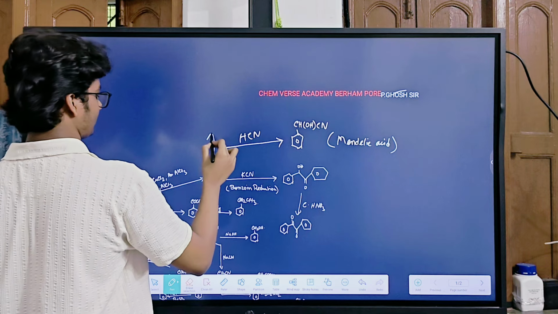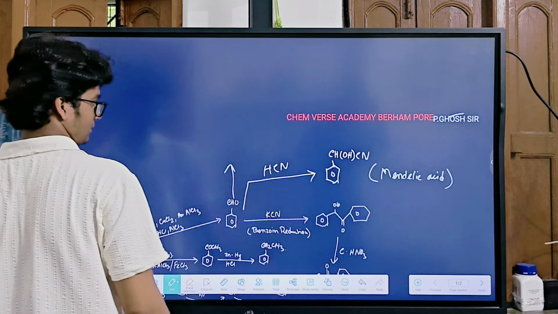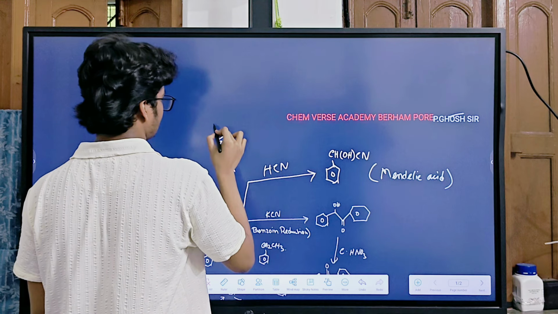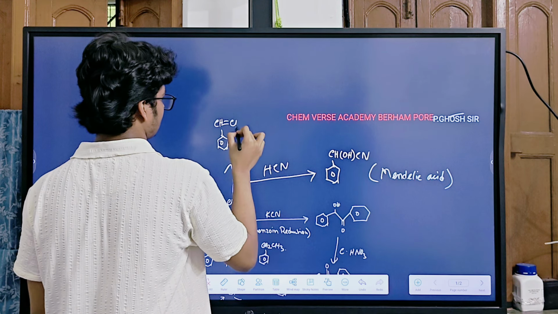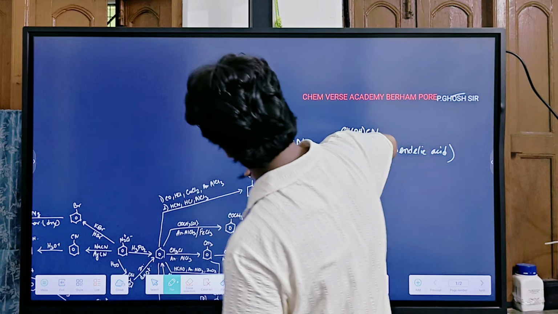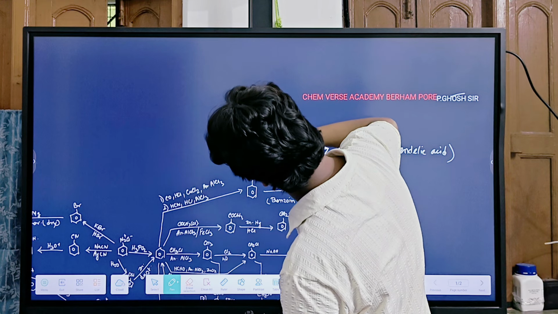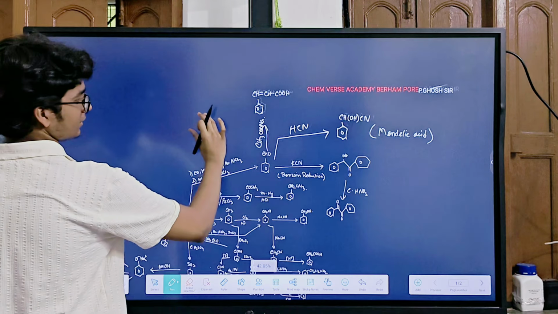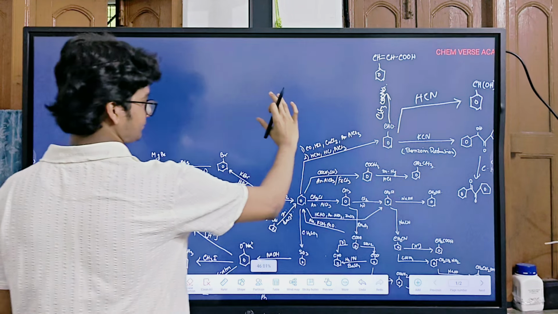Another reaction is also there, which is an important reaction, to form a product like this, CH double bond CHCHO, and the reactant is CH3CHO. So this is not this reaction. Let's compare on the side.